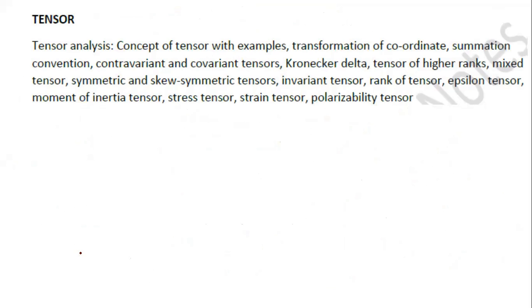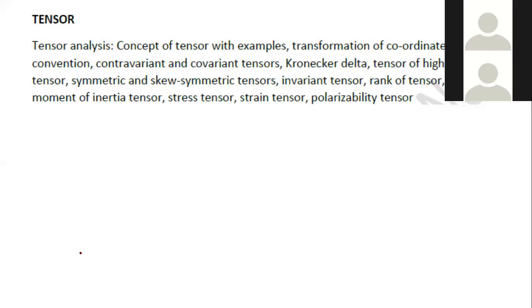The first section was vector analysis, where we defined gradient, divergence, and curl, and then continued with vector integration theorems like Gauss's theorem, Stokes theorem, and Green's theorem. After that, we jumped into the curvilinear coordinate system, focusing on orthogonal curvilinear coordinates, and we also discussed the cylindrical system and spherical coordinate system.